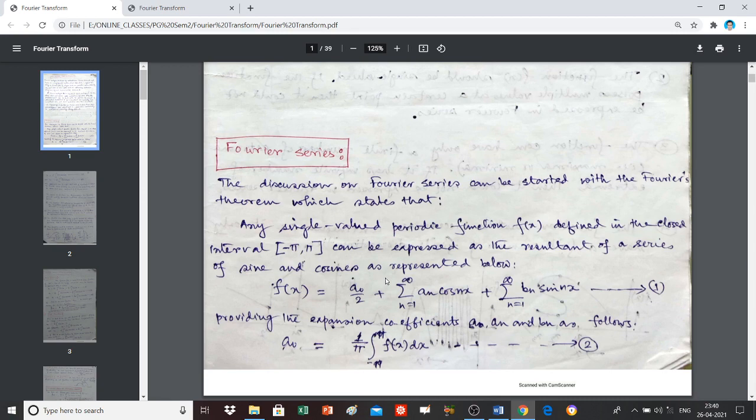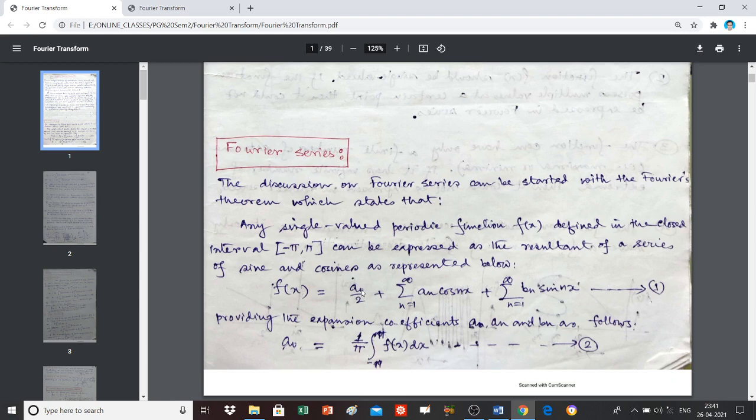That is, f(x) is equal to a0 by 2, plus the sum from n equals 1 to infinity of an cos nx, plus the sum from n equals 1 to infinity of bn sin nx. Here an and bn are the cosine and sine coefficients, a0 is the constant, and the right hand side is the Fourier series expansion of the function f(x).